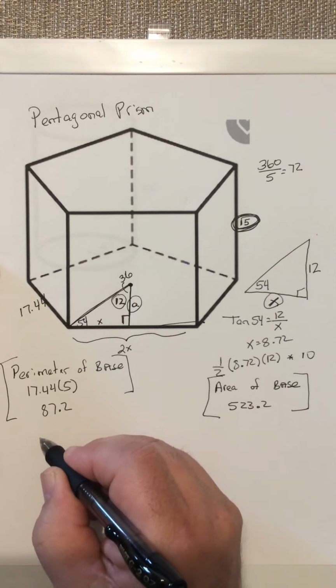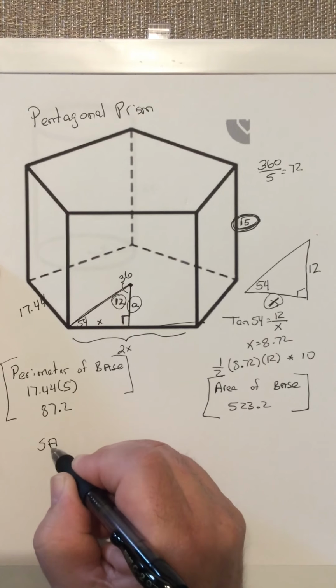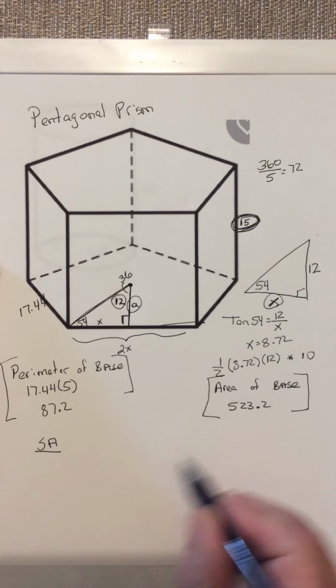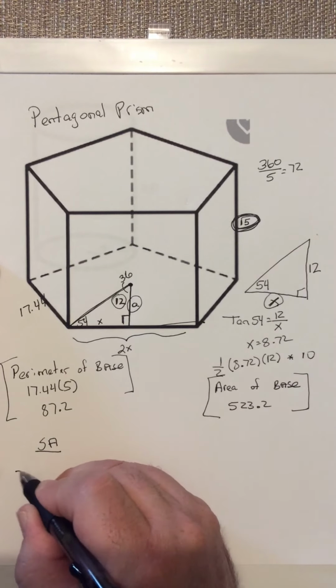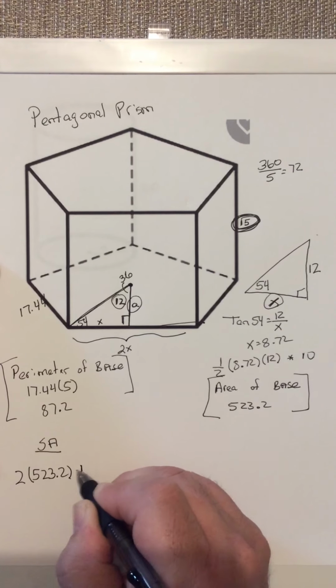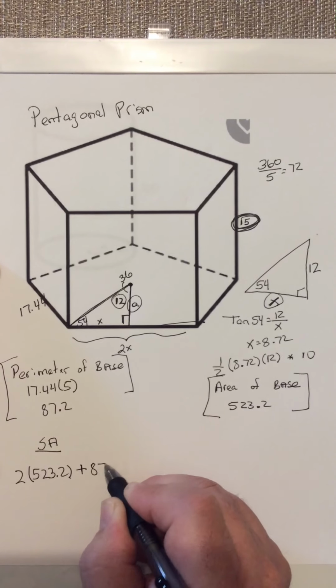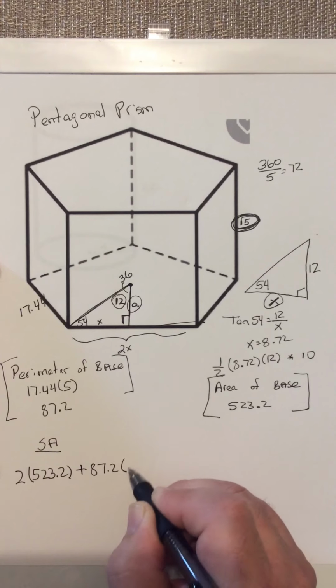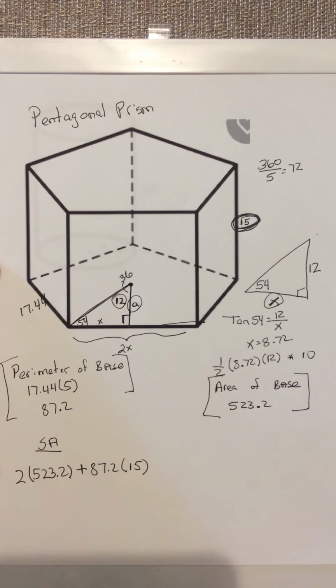So surface area. 2 areas of the base, 2 times 523.2 plus perimeter of the base, 87.2 times the height, 15.